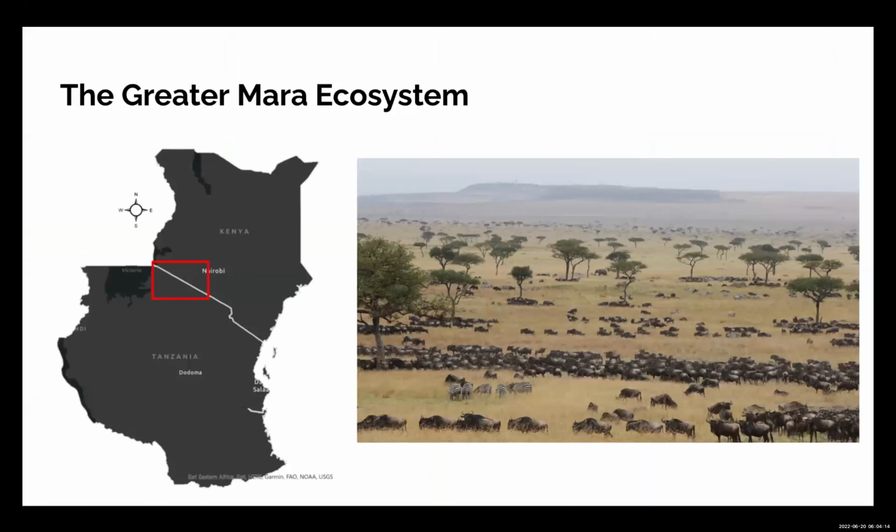Hundreds of thousands of wildebeest migrate from Kenya to Tanzania and back every year. But they're not the only things that migrate, and elephants migrate too. So the elephant population is a transnational one, which means if you want to work with this elephant population, you have to cross national borders, which becomes politically complicated when you're thinking about wildlife conservation.